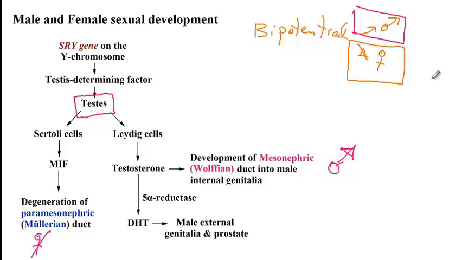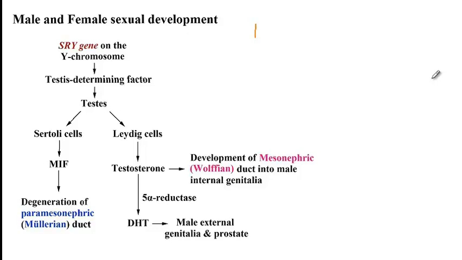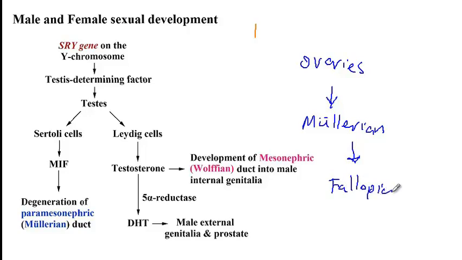So now what would have happened if we didn't have this SRY gene? Then the primitive gonads would have developed into ovaries. And then ovaries would induce the Mullerian ducts, or the other name for which is paramesonephric ducts, to develop into fallopian tubes, uterus, and parts of the vagina.